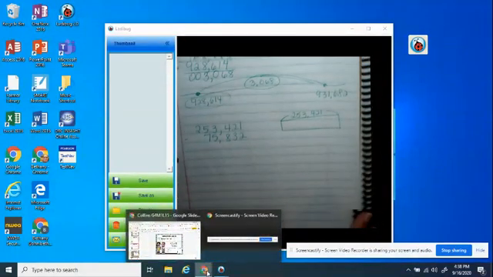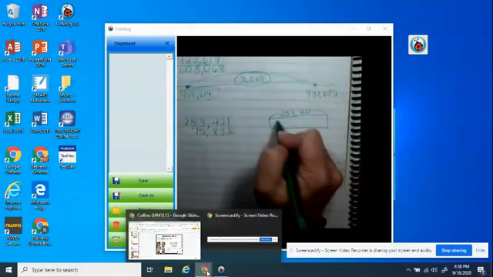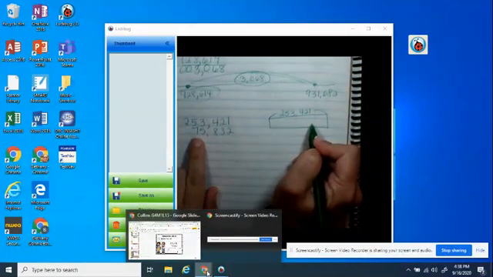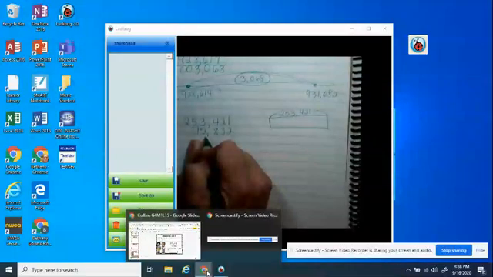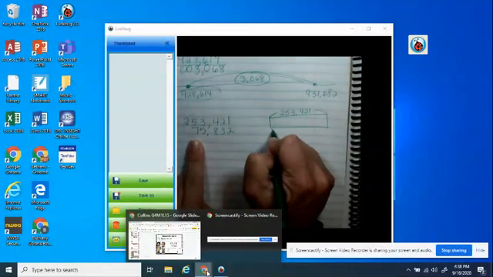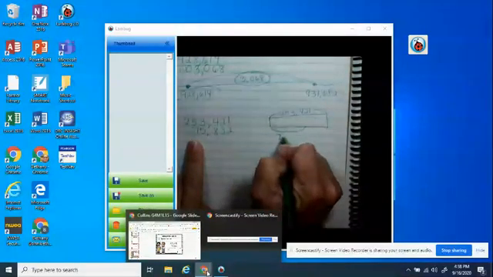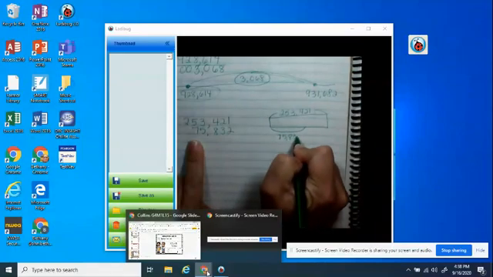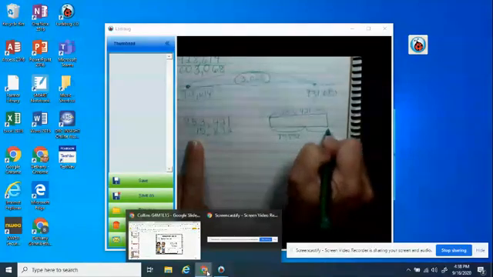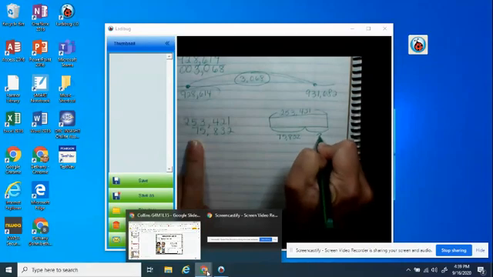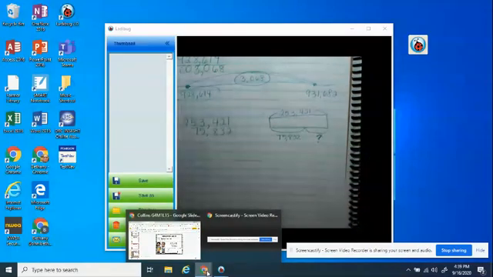All right, so here we go. So I have 253,421. This is my tape diagram here, and I'm subtracting 75,832. So the small part is 75,832, and I'm trying to figure out this unknown part, this part right here that we don't know.